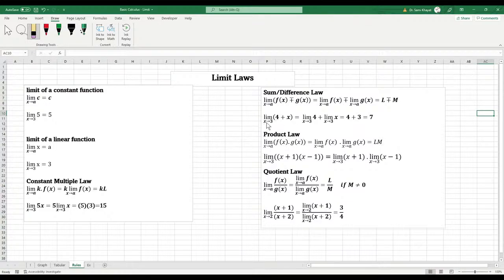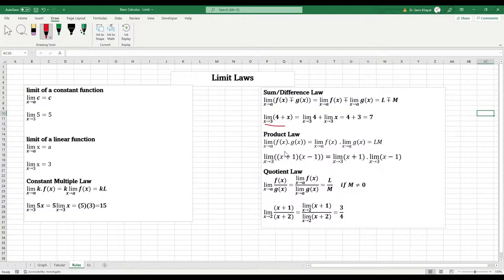This example here is the limit of x approaching 3 of 4 plus 3x. This will be the limit of 4 and the limit of 3x, and then you substitute, you get 7. The same if you substitute directly here.